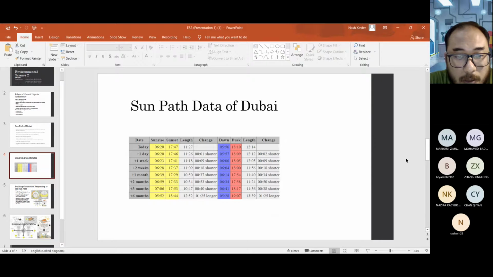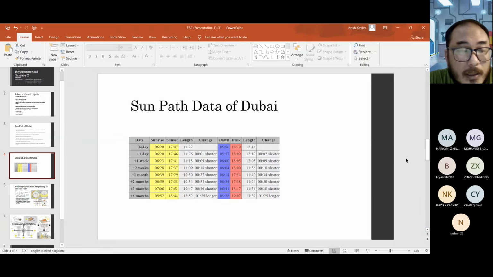It is talking about dusk and dawn, but there is no information on the temperature during the day and during the night, because this is also an effect from natural light, right? Effects from the sun. So the temperature should also be included in this.